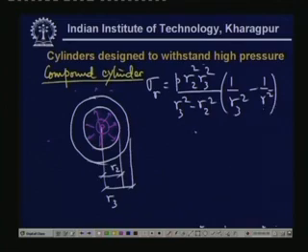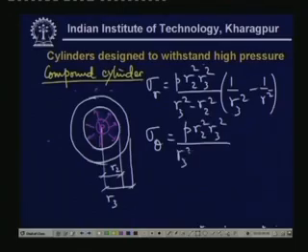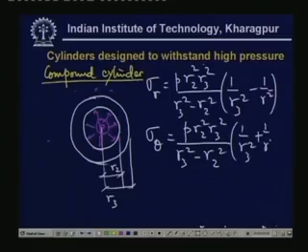You see, this is always compressive, and sigma theta is P r2 square r3 square divided by r3 square minus r2 square times 1 upon r3 square plus 1 upon r square. So, this is always tensile, as you can see.